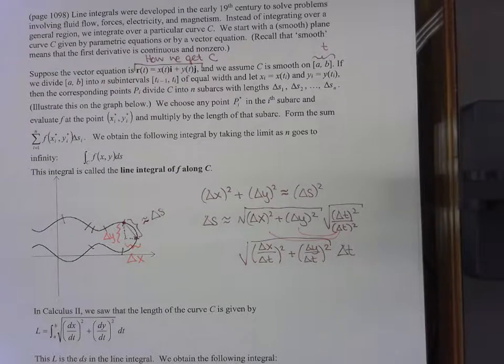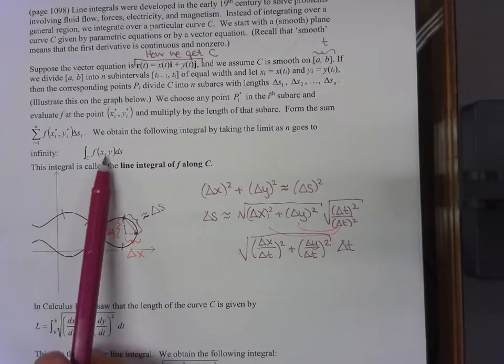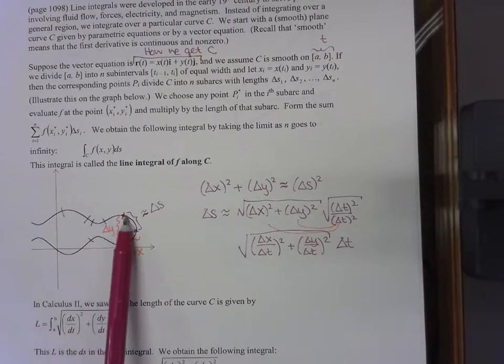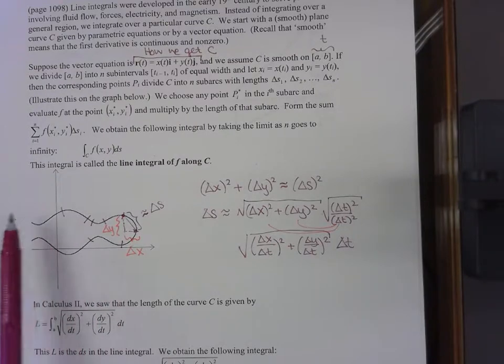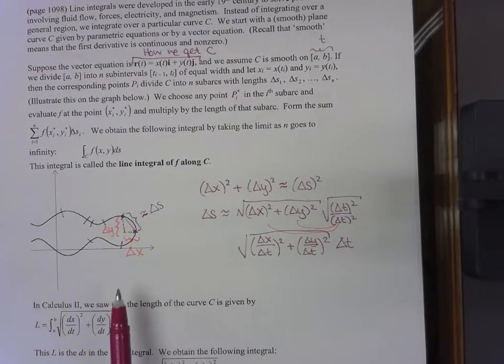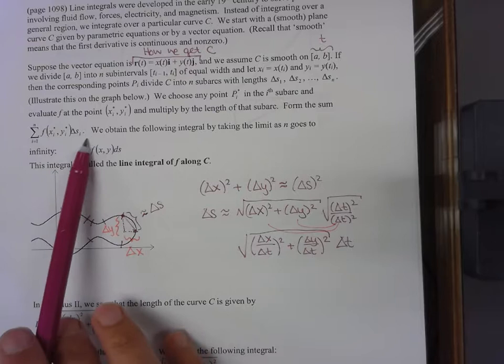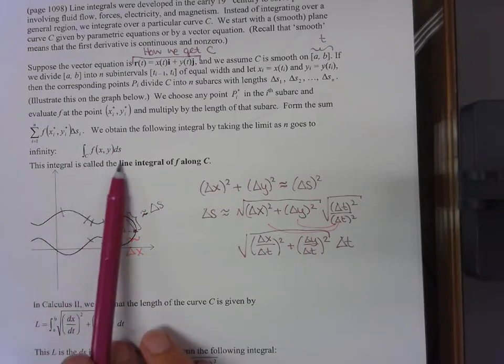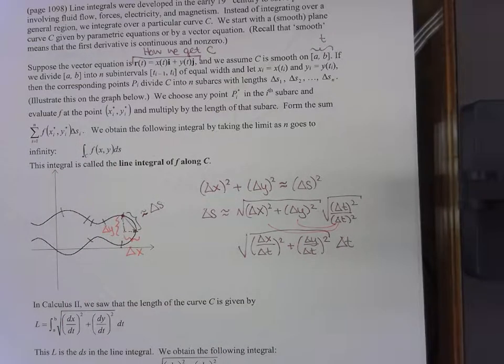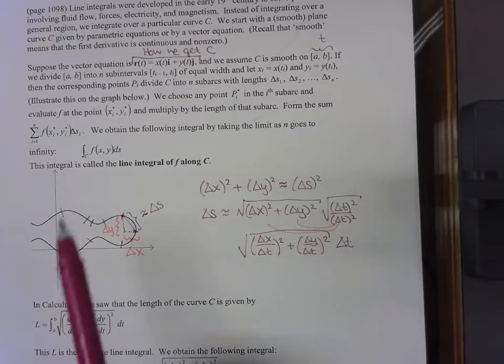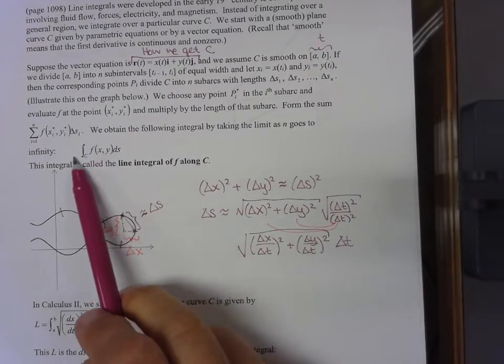And this is how I personally like to visualize it. It's like this is the path, and you're building a wall on that path. And so what the line integral is going to calculate is the surface area of one side of that wall, basically.